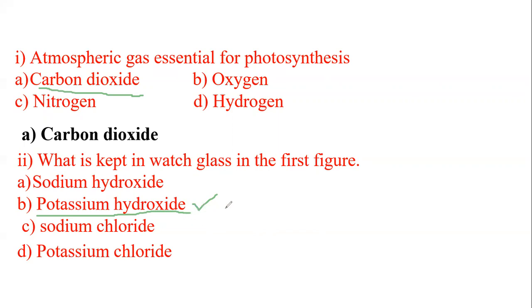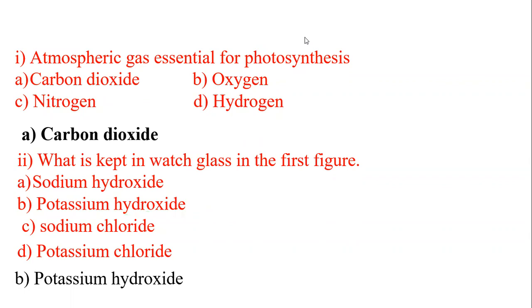Potassium hydroxide was kept in the first figure to absorb the carbon dioxide present in the first jar, in the place of the first plant. So the answer is B, potassium hydroxide, KOH. Then go to the next question.